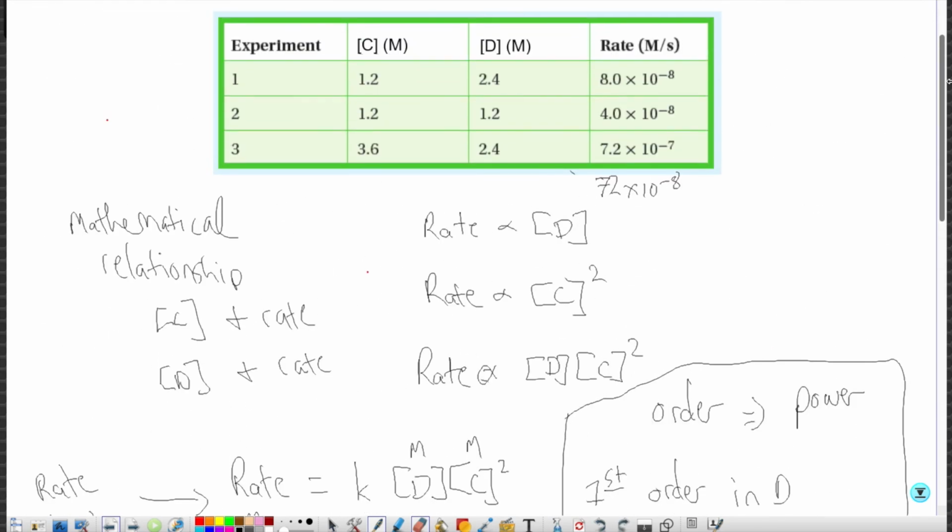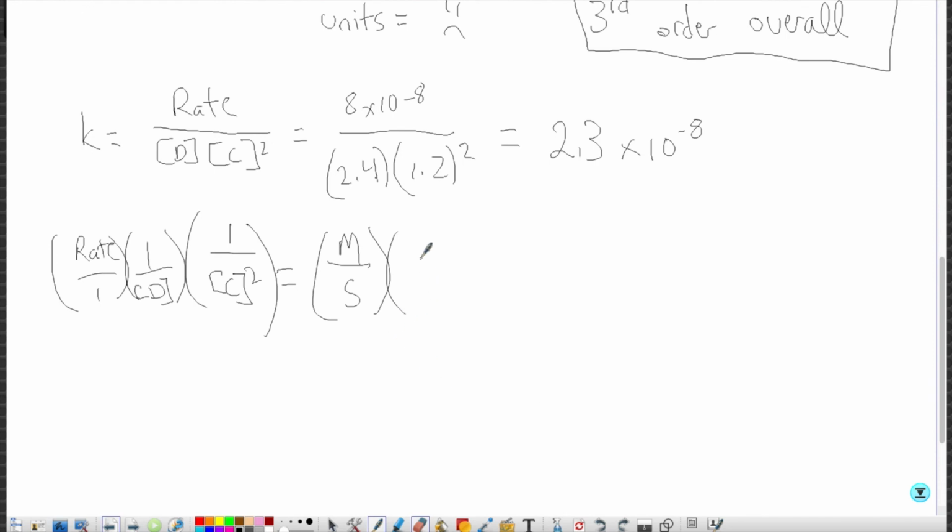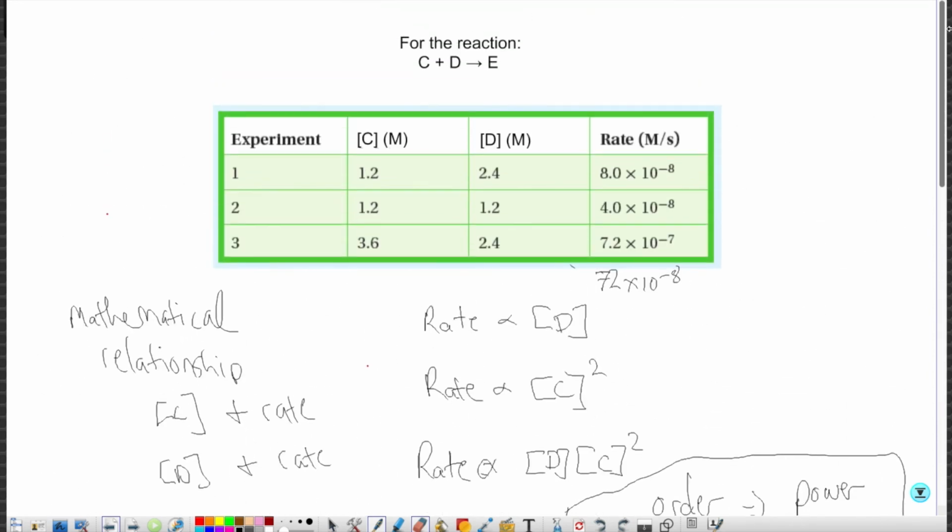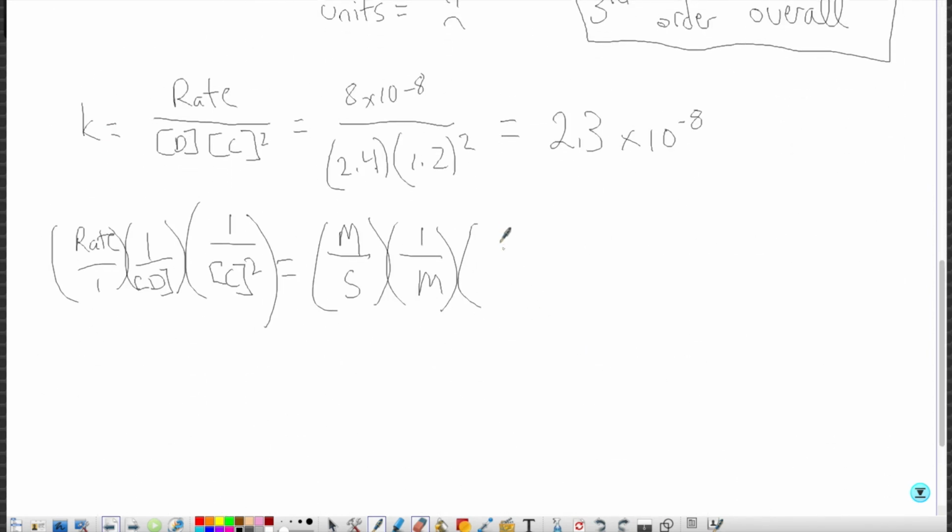Concentration of D is in molar, so that's 1 over molar. And concentration of C is molar, so that's 1 over molar squared. So one of these molars is going to cancel out. So my units are 1 over seconds times molar squared. So that's kind of a beast.